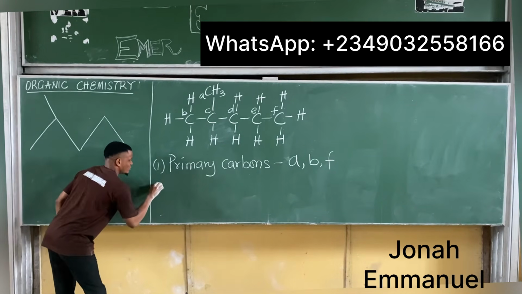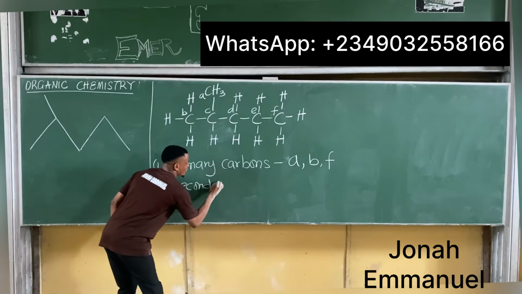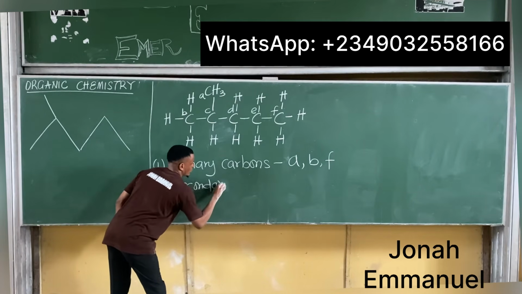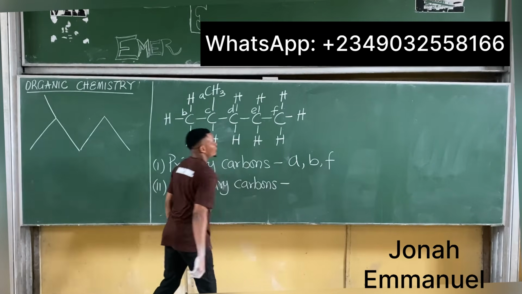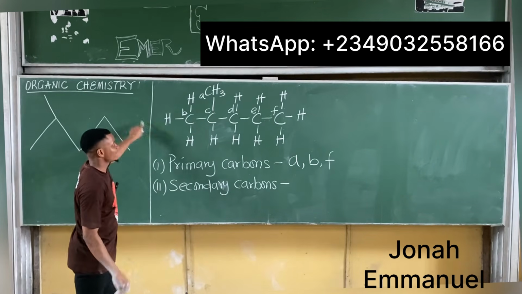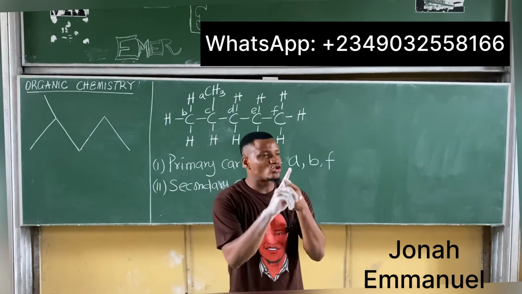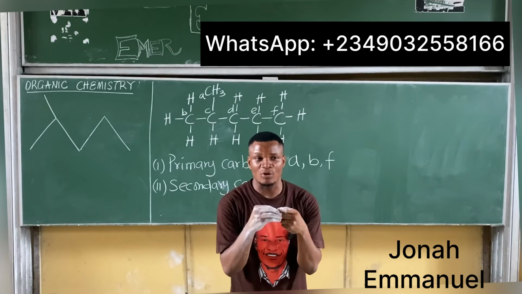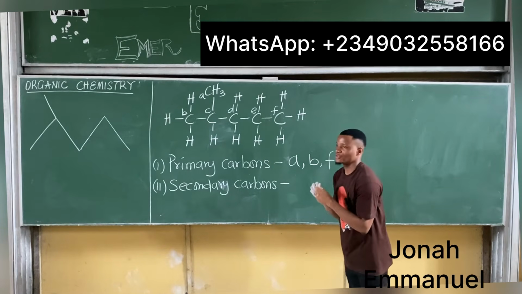All right, let's try secondary carbons. For secondary carbons, the idea is that the carbon has two alkyl groups attached to it. Which of them here has two alkyl groups attached?